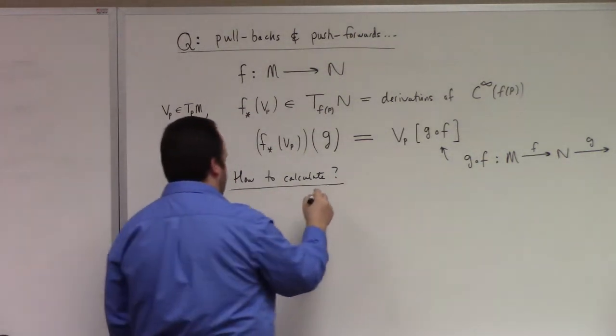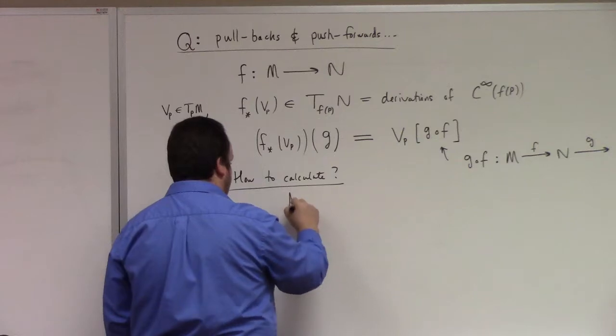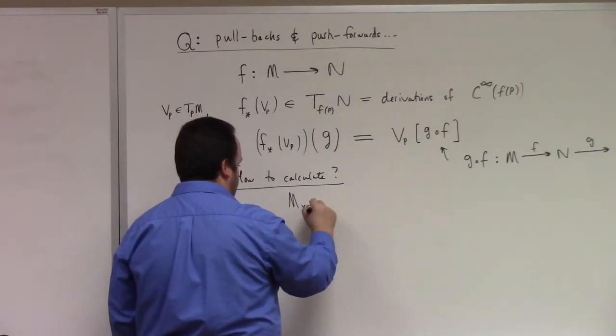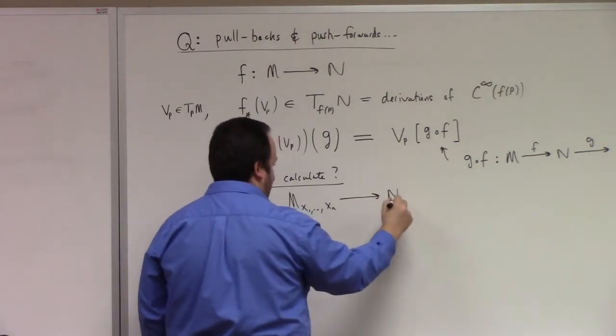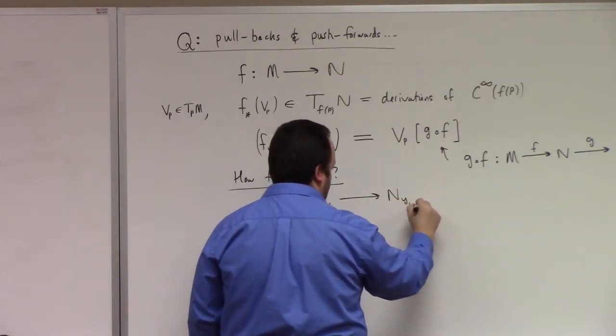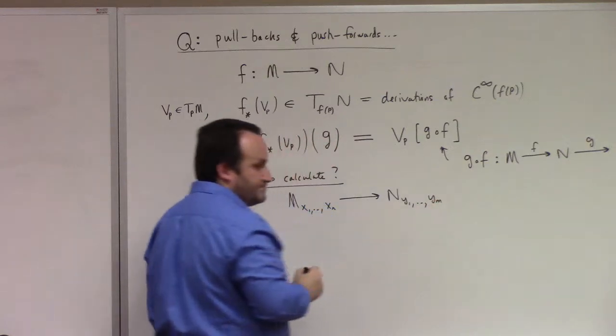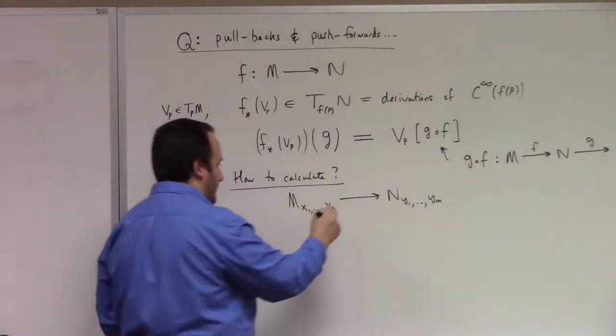I'd like to say, suppose we have M with coordinates x1 through xn, and we're going to N with coordinates y1 through ym. Again, my function f.